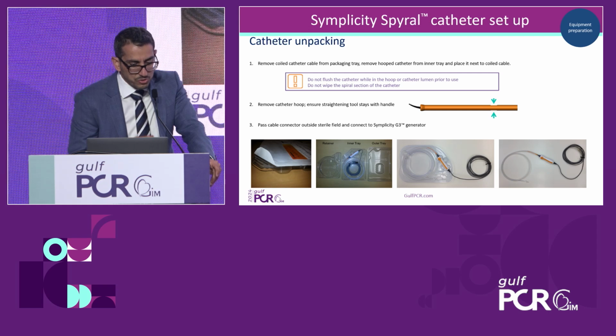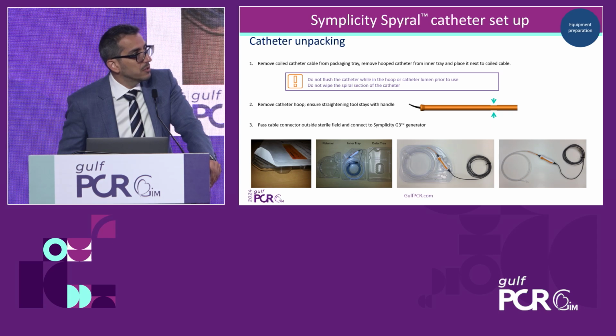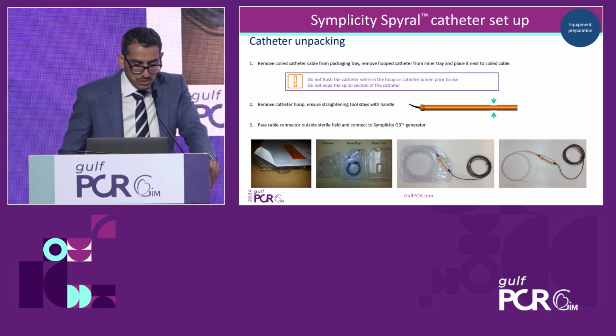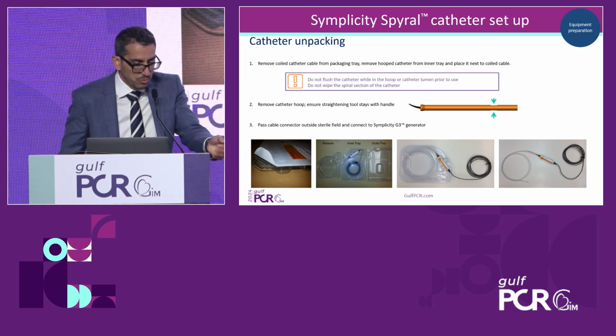The key thing to remember is do not flush the catheter while it's in the hoop or in the catheter lumen, and do not wipe the spiral catheter section. Leave that part alone. Just take it out of the hoop. You have the coil cable that you pass to the team to connect to the generator. You can see the straightening tool in the middle of the screen. That allows you to straighten the catheter to feed the wire.